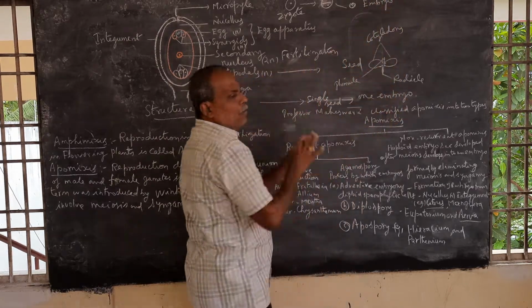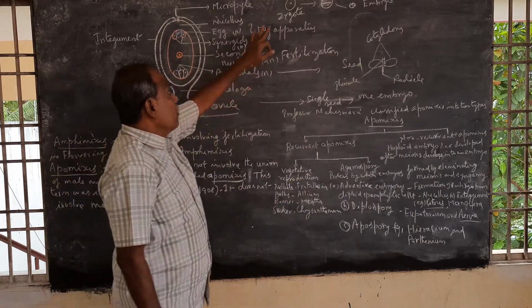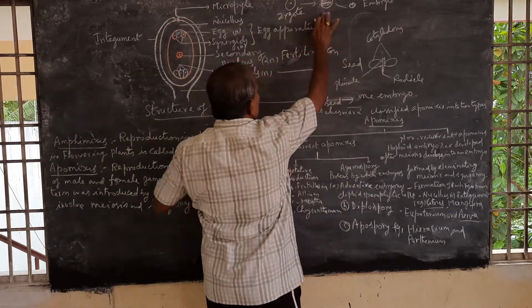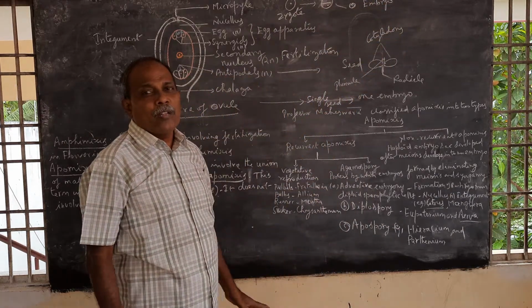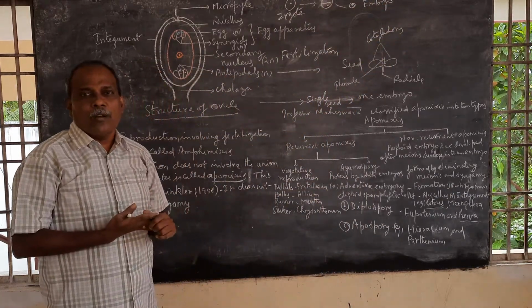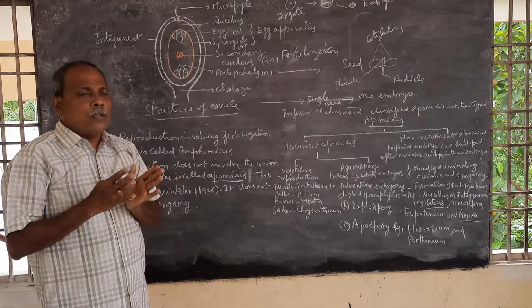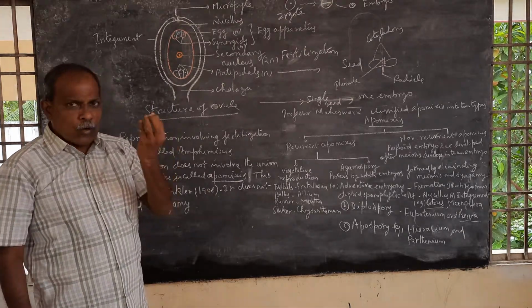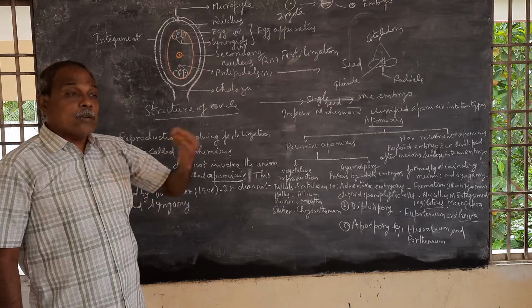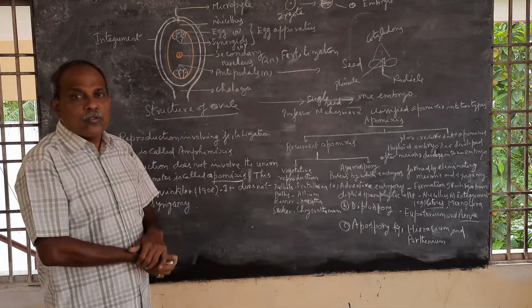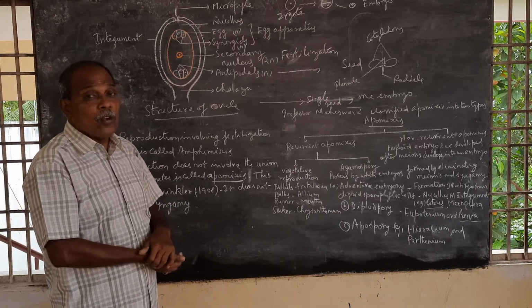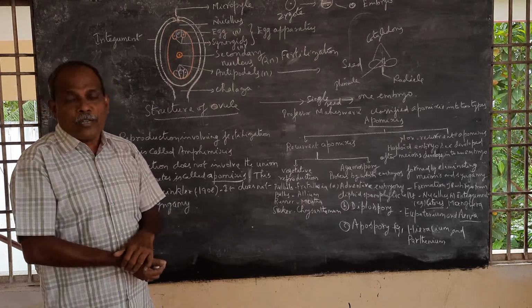This is just one example. The zygote develops into two cells, and then such cells develop into embryos. Normally only one embryo develops from that, but sometimes, due to separation of cells, many embryos develop. That kind of polyembryony is called cleavage polyembryony.